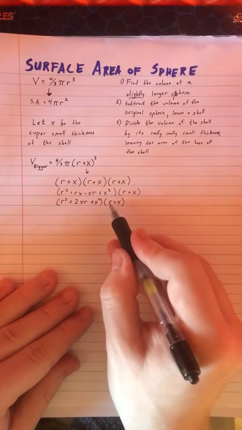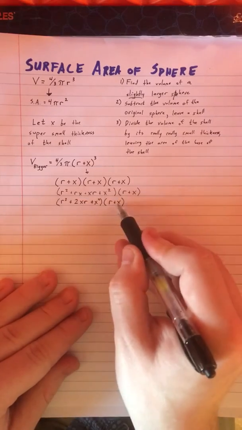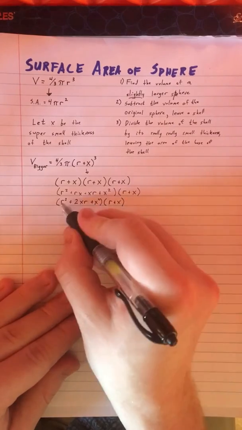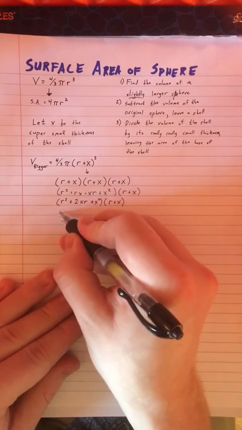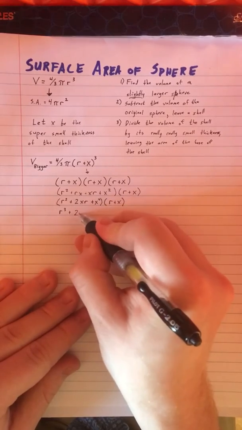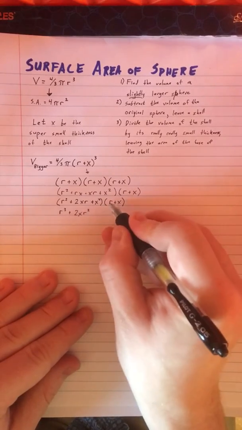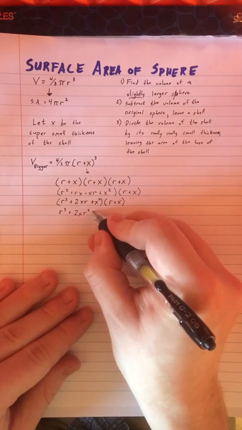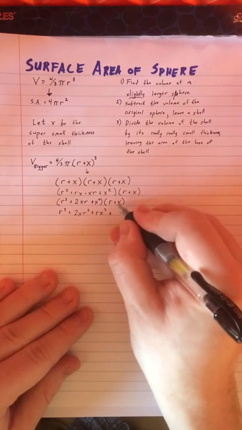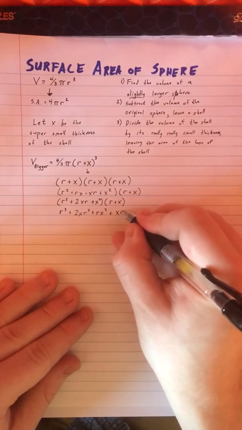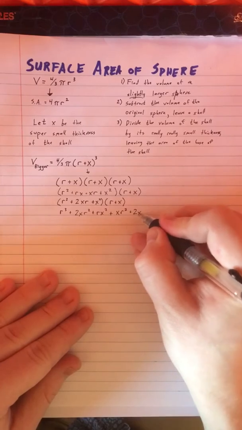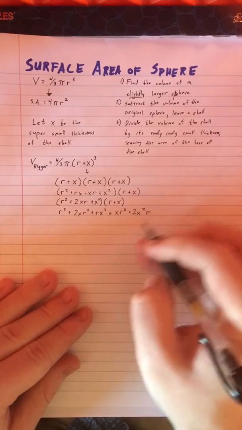So I'm going to do the same thing. I'm going to distribute this r, and distribute this x, and then add everything up together. So r times r squared is r cubed. r times 2xr is 2xr squared. r times x squared is rx squared. x times r squared is xr squared. x times 2xr is 2x squared r.